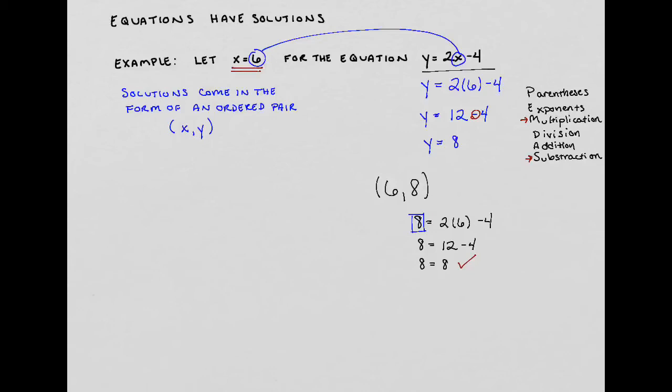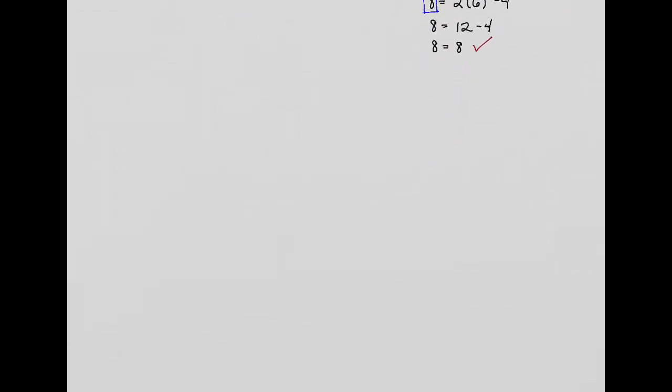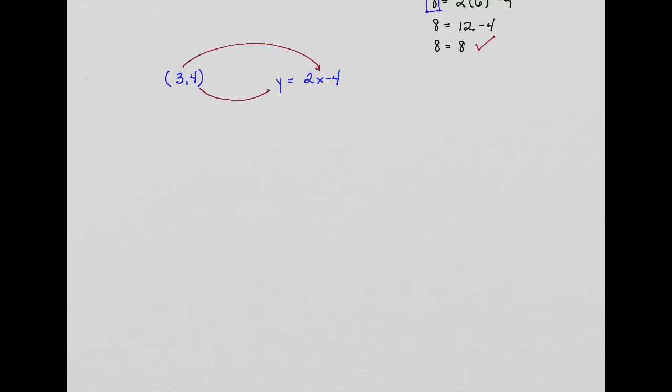Just in case some of you are wondering, what is it that I do not want to see? Let's take a look at an example of something that is not a solution for this equation. Let's say that I give you the ordered pair 3, 4, and I want you to plug it into that same equation, 2x minus 4. Note that 3 represents the x value, 4 represents the y value. So now I'm going to have 4 is equal to 2 times 3 minus 4.